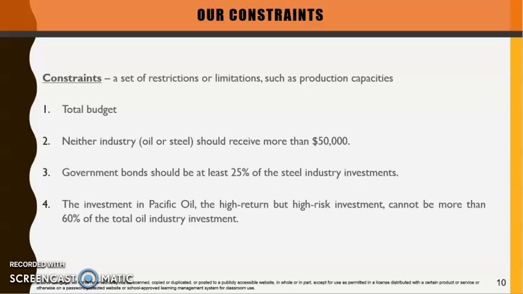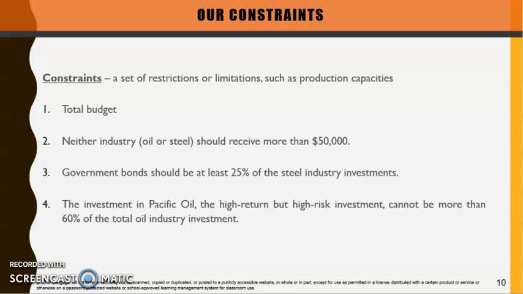After that was the constraint that mentioned neither industry, oil or steel, should receive more than $50,000. So the amount of investment in the oil industry must be smaller than 50,000. The amount of total investment in steel must be smaller than 50,000.